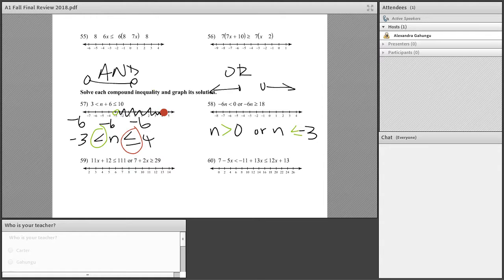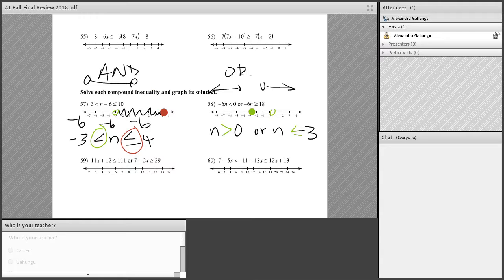So 0, and that's going to be an open circle, and -3, and in this case that's going to be a closed circle. And I'm going to shade in between.